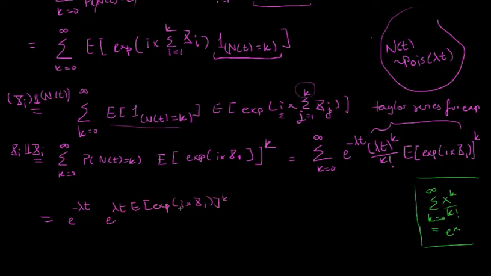Okay, and this then can be changed a little bit. I mean, now we're just doing stuff for fun. So e to the minus lambda t multiplied by 1 minus the mean. So essentially, the characteristic function in the case that we're looking at here can be expressed using the characteristic function of the claim sizes.